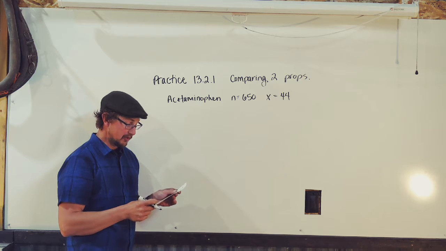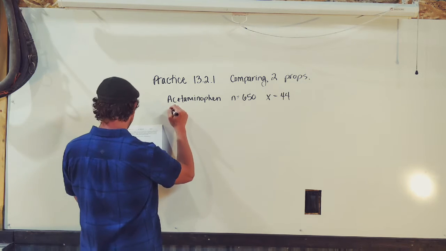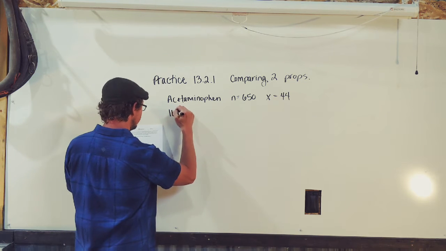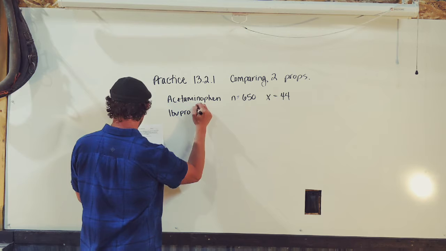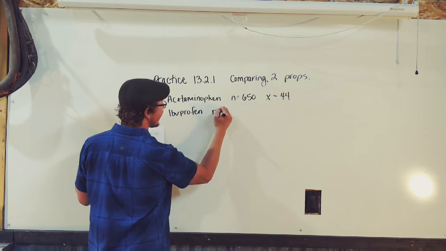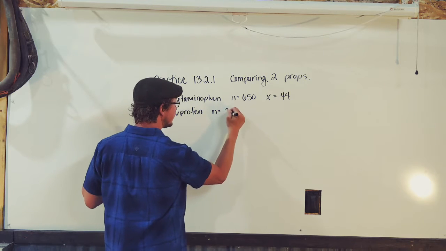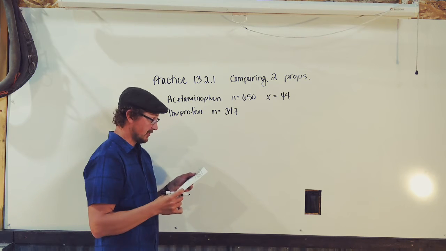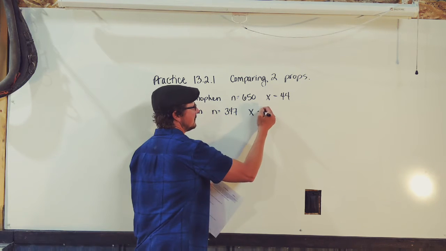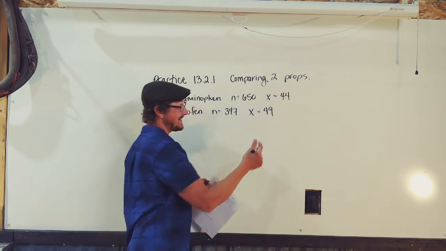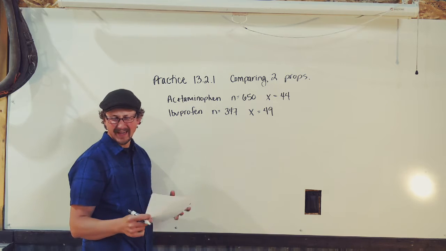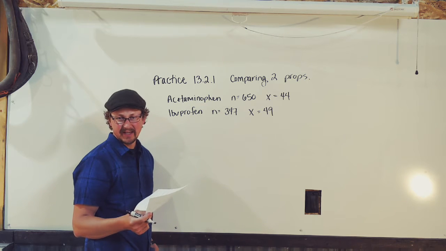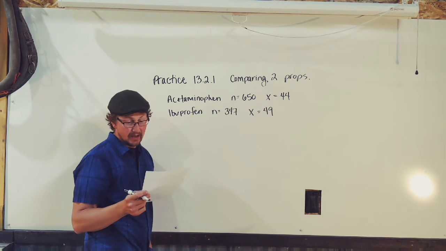And that's compared to ibuprofen, that had a sample size of 347 individuals, and of those, 49 had adverse symptoms. And adverse symptoms might be like stomach ache or whatever.